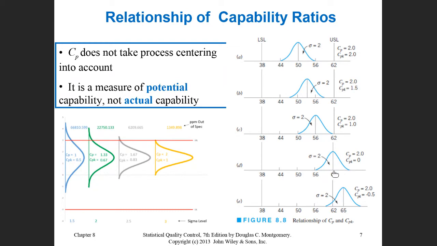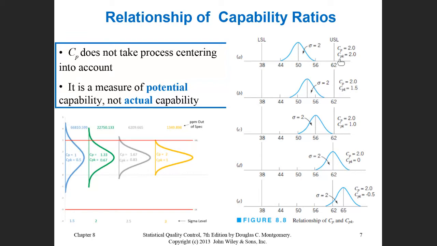But when both CP and CPK are high, as in this picture, the process is centered as well as the variability is low. So when the CP by itself is high, the variability is low, but since the CPK is low, the process is off-centered.